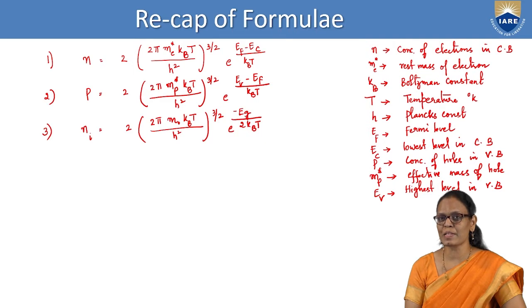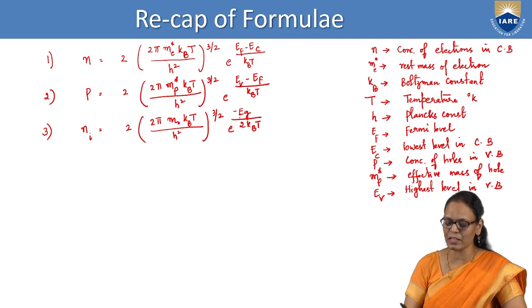Eg here represents the energy gap between the valence band and the conduction band.